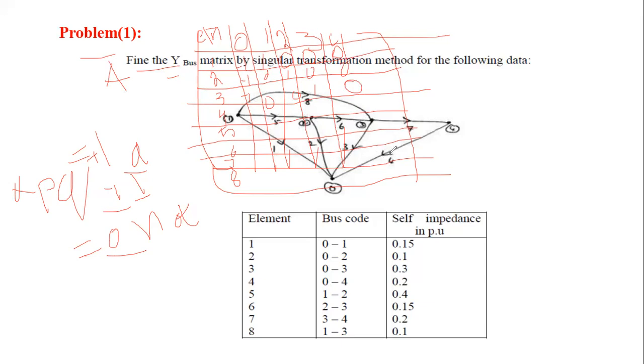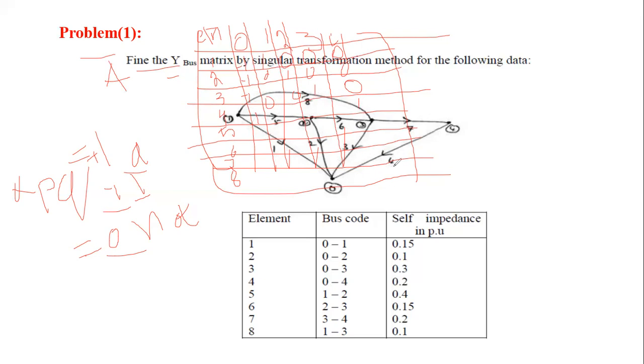Similarly, we consider element 4. That element is connected in between the 0 and the 4. First for 0 we mention 1, and for 4 we also mention 1. Then we put the signs.